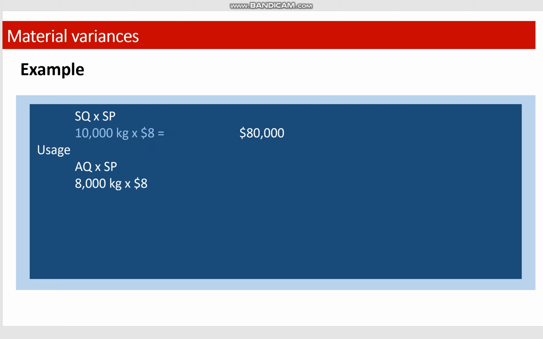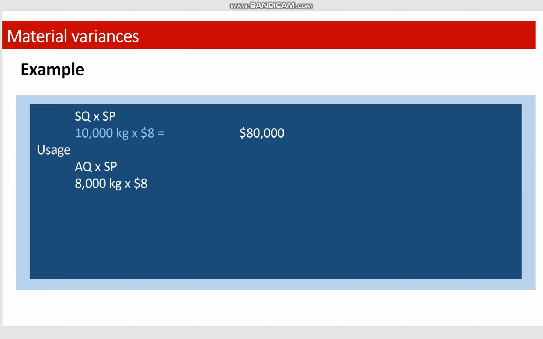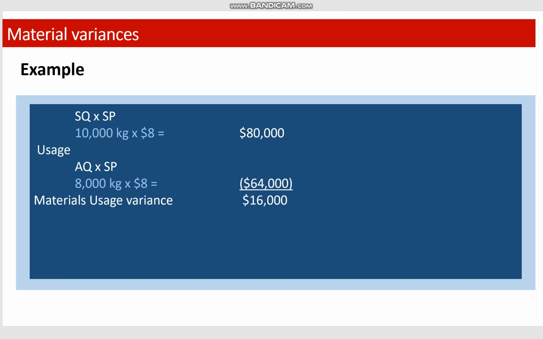Then actual quantity was given in the exercise: 8,000 kilograms multiplied by standard price, because we are not comparing the price here, and we get 64,000. So 80,000 minus 64,000 is the material usage variance, $16,000, and it is positive on the calculator, giving us favorable.